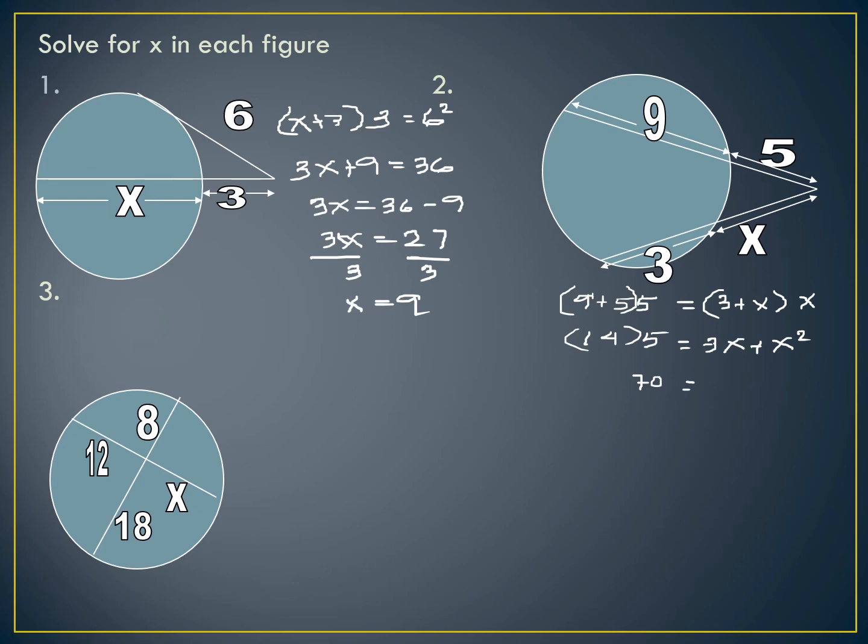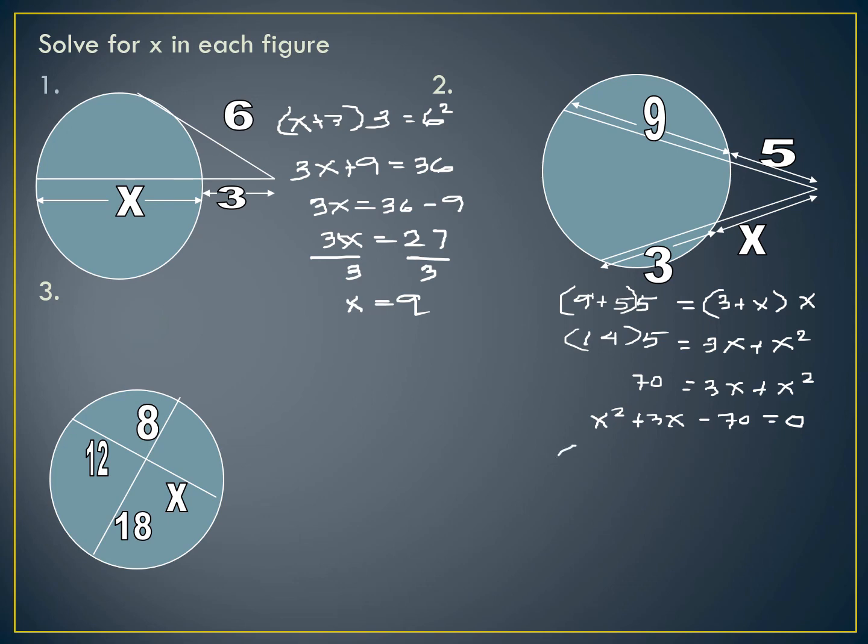Equals 3x plus x squared. So, i-arrange natin, gawin natin siyang quadratic. We have now x squared plus 3x minus 70 is equal to 0. So, to solve for x, we need to do the factoring.